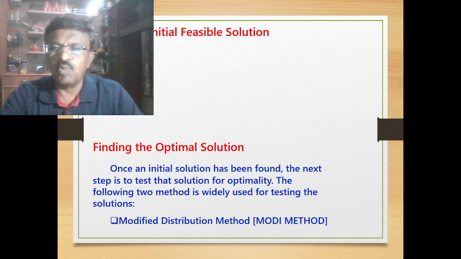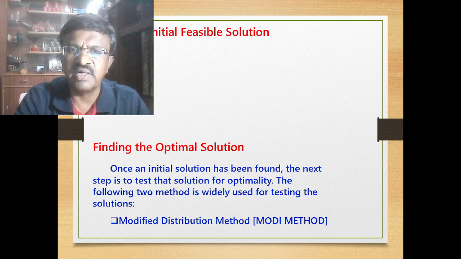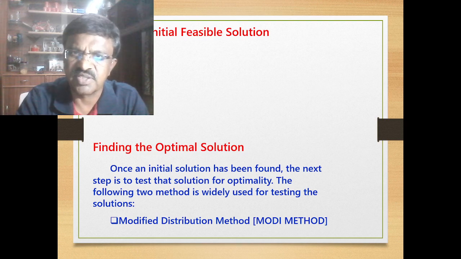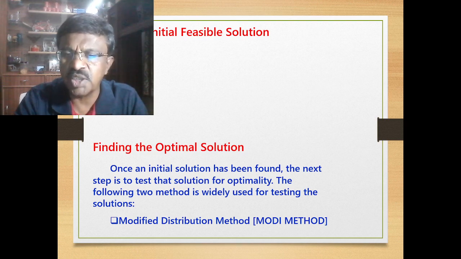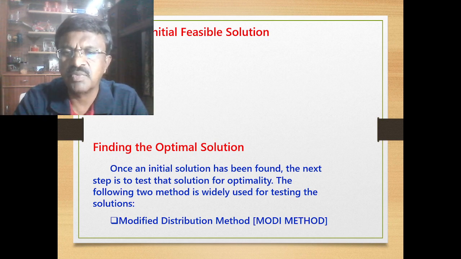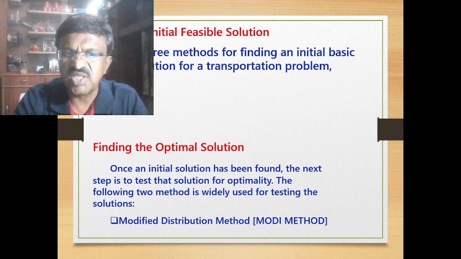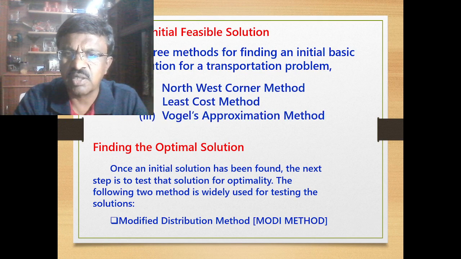Now, we will move on to find the solution of a given transportation problem. The solution part contains two phases. One is to find the initial solution and then to find the optimal solution. To find the initial solution of a TP, there are three methods. The first method is northwest corner rule.